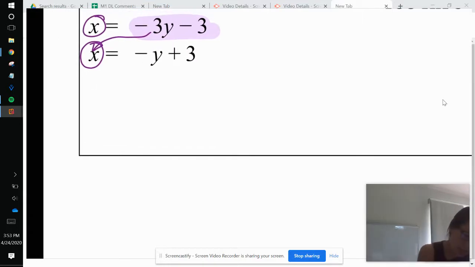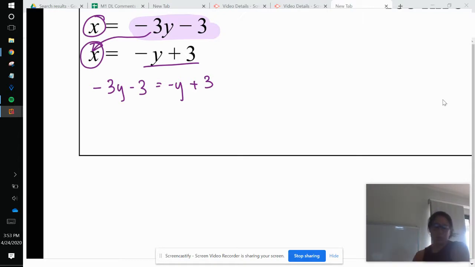So I get negative 3y minus 3 is equal to negative y plus 3. The x from the second equation is being replaced with the statement from the first equation. So you can isolate x; it's okay to isolate x and solve for y first. I'm going to add y to both sides.